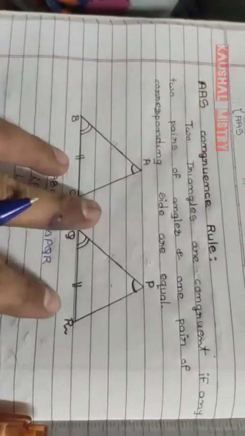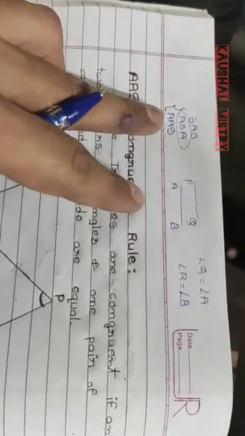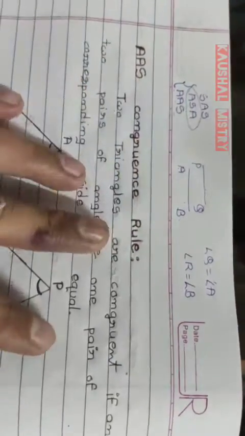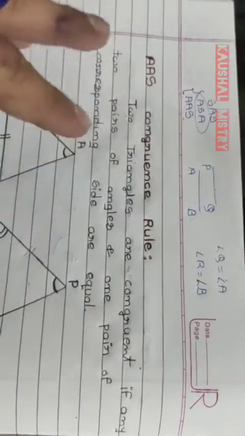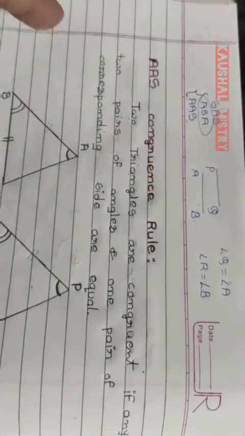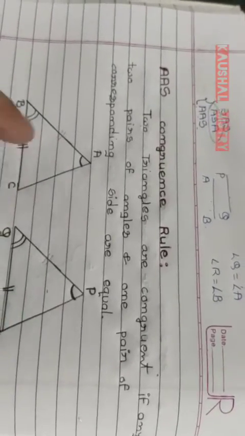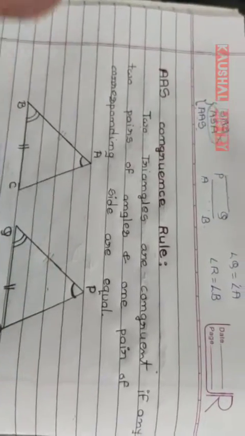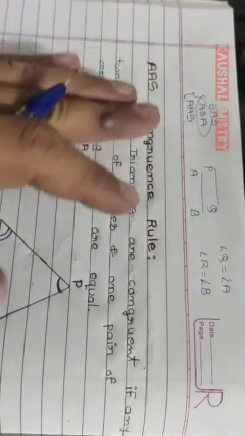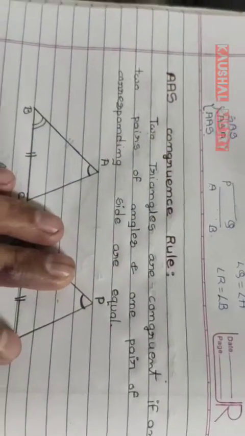So that is the AAS congruence rule. That means in the ASA congruence rule, the side must be the included side of these two angles, and in this, any side being equal, then we can apply the AAS congruence rule, right?